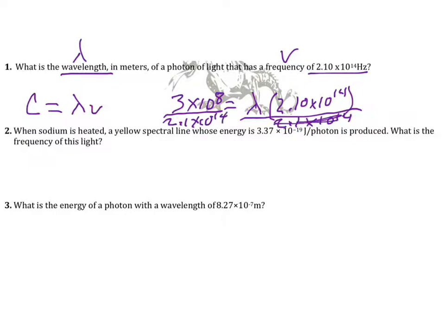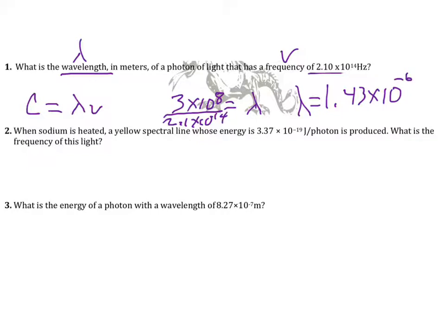When you do that, these cancel out, kind of like moles, and we're left with lambda, which is wavelength, equal to 3 times 10 to the 8 divided by 2.1 times 10 to the 14. Let's plug that into our calculator. And what you end up getting is lambda is equal to 1.43 times 10 to the negative 6.